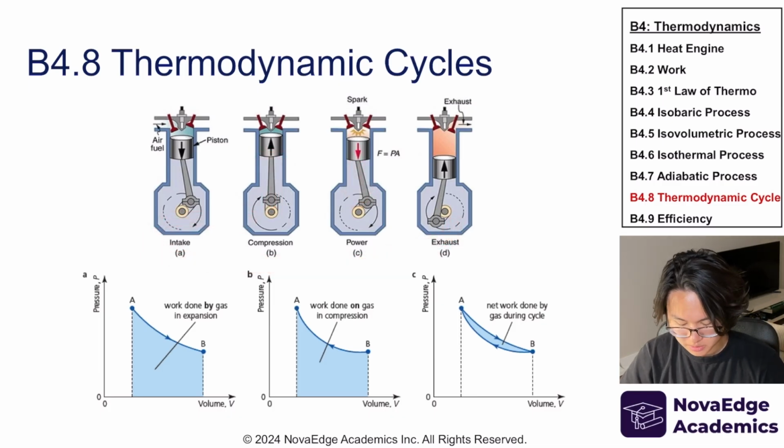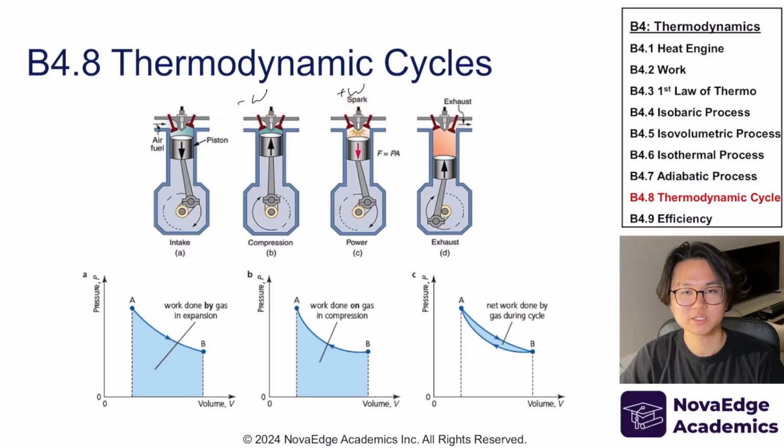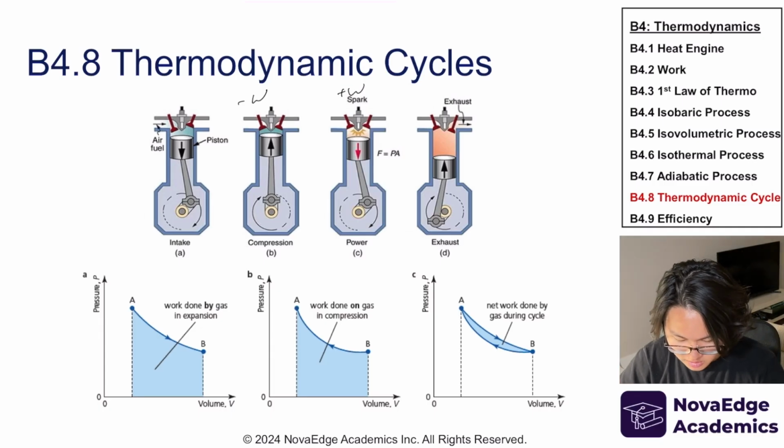And so this comes back to the whole point of net work, right? You have work that's negative here and work that's positive here. So the net of this, the difference of this, is what's called the useful work, what's actually being done onto the car, right? And so that's explored in this graph.